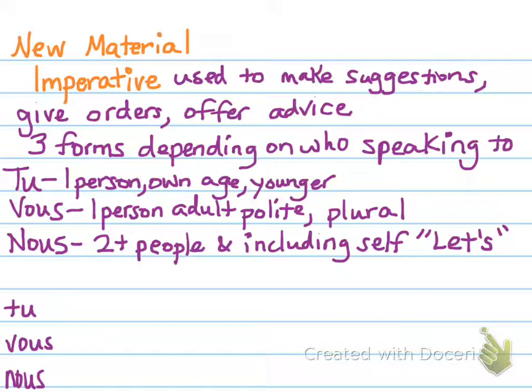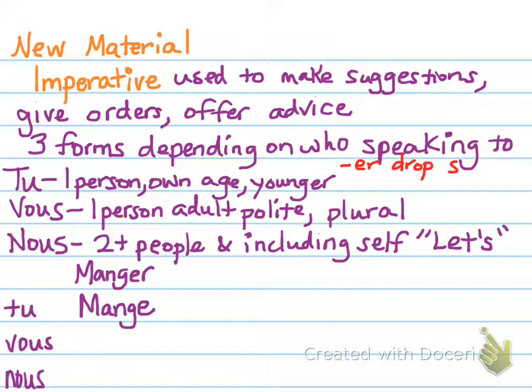The only exception to that being for ER verbs, for tu, you're going to drop the S. So if we take a look at the verb manger, to eat, the tu form of the imperative for manger would be M-A-N-G, and it would just end in an E. It wouldn't have its ES because we dropped that S. For vous, it'd be M-A-N-G-E-Z.